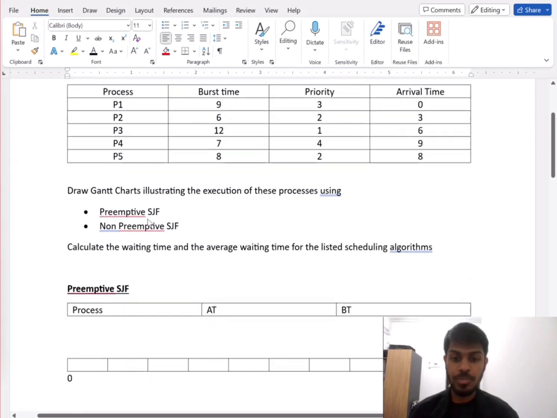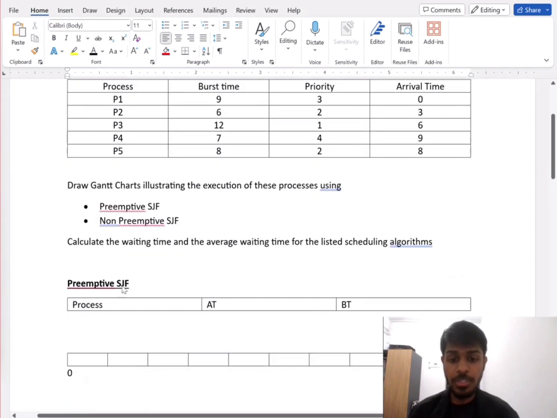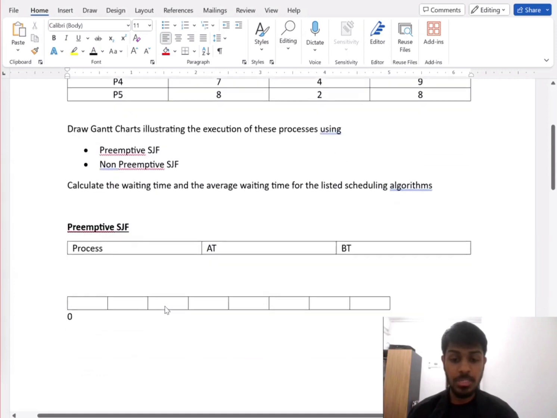Moving right into the preemptive SJF, which is preemptive shortest job first, I'm required to calculate the waiting time and average waiting time for the listed scheduling algorithms. For preemptive SJF, the process can be disturbed.